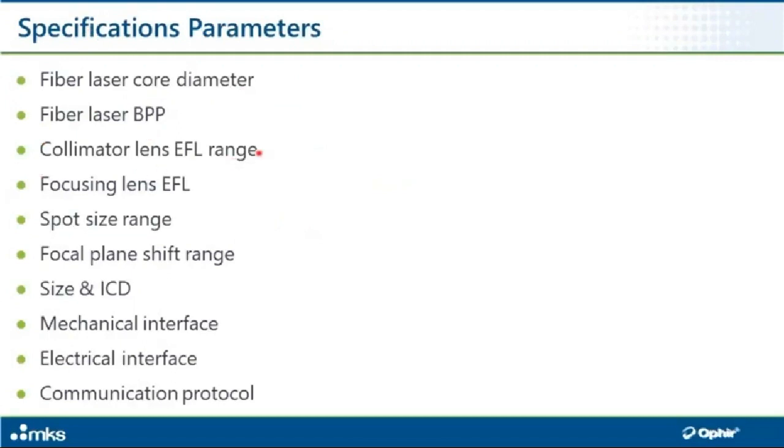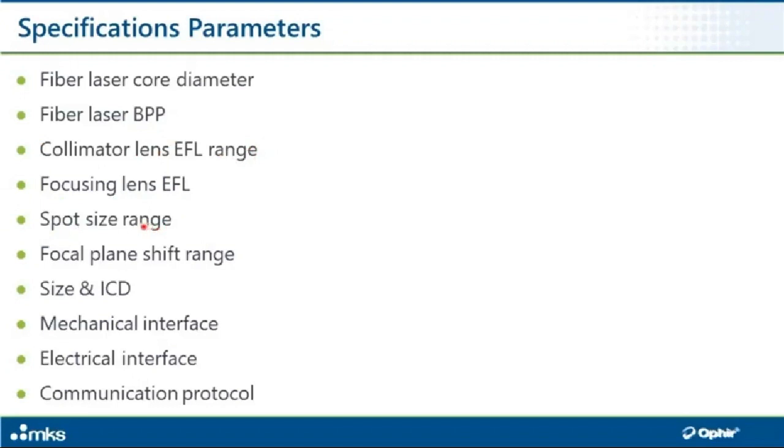What is the focal length range you would like to have? What is the focusing lens focal length? And actually the combination of these two focal lengths result in the spot size range you will achieve with the zoom lens.